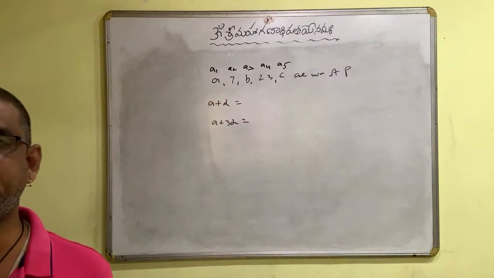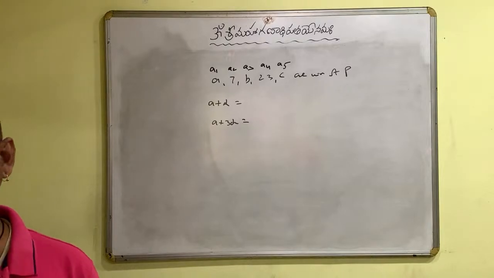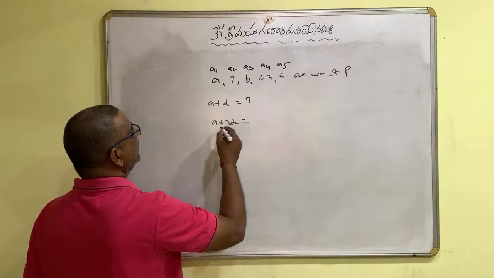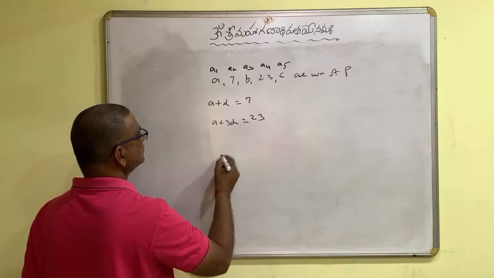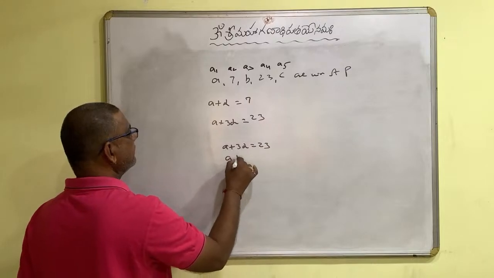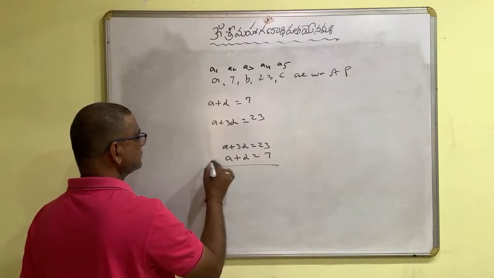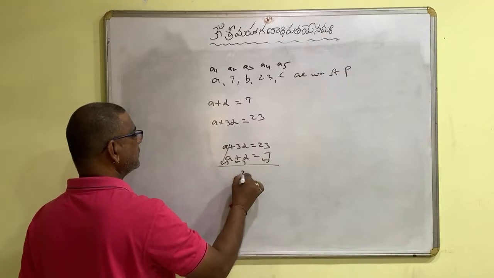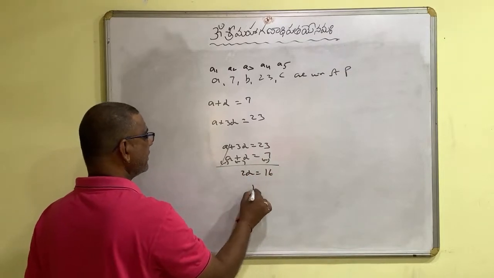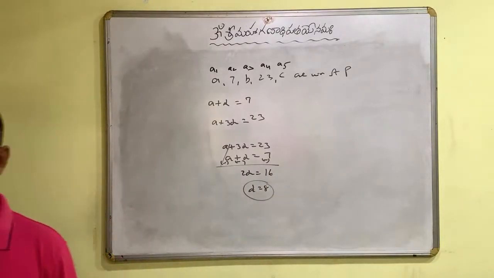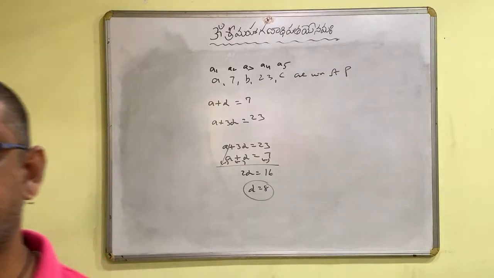So A1 is A, A2 is 7. That means A plus D is 7. And A plus 3D is 23. So A plus 3D is 23, A plus D is 7. Subtraction. 2D is 16, D is 8.